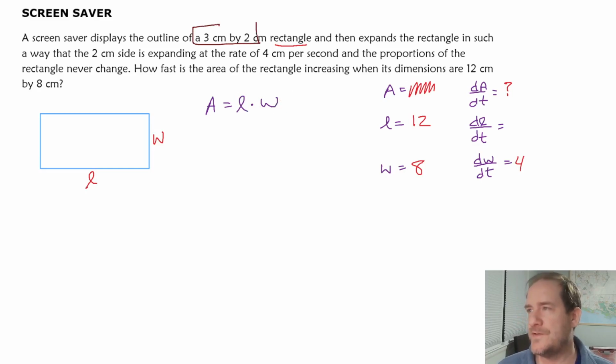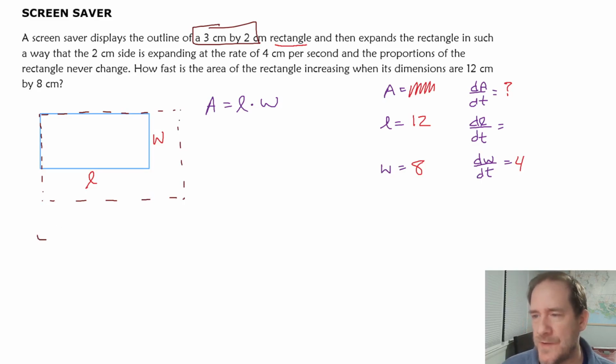That's where this 3 by 2 thing kicks in. If this rectangle were allowed to grow, we would get a new rectangle that was similar to the original rectangle, which means if I took my length and divided it by my width, that ratio will always remain constant. And that ratio is literally 3 to 2.